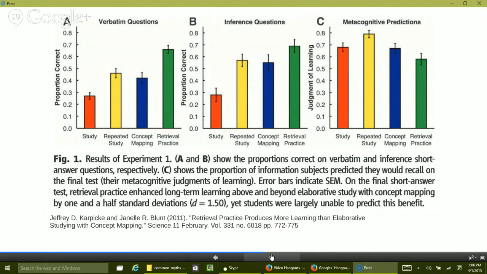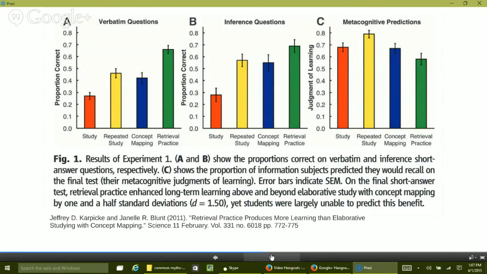And what they found was that with either verbatim questions, where they were just directly testing recall of information, students did by far the best with retrieval practice. And with inference questions, where they had to apply some knowledge transfer, where they had to take the concepts and apply them in other circumstances, they also did best with retrieval practice.